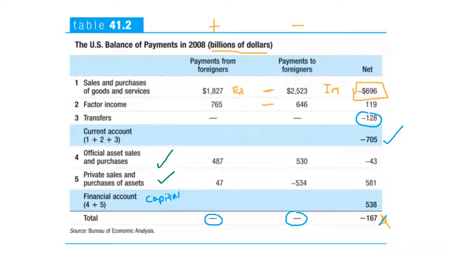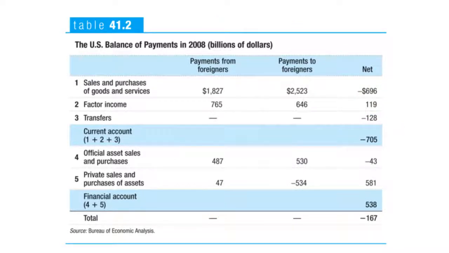But like everything else, we take the number, payments from foreigners, subtract payments to foreigners to get our net. Now, this last category, people sometimes get thrown off by the math, the private sales and purchases. So 47 minus 534. If you subtract a negative, you are going to end up with a positive number.